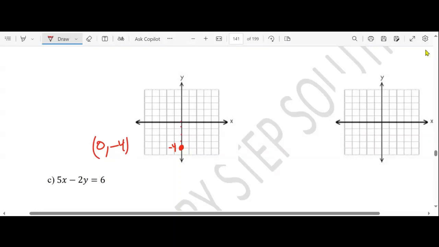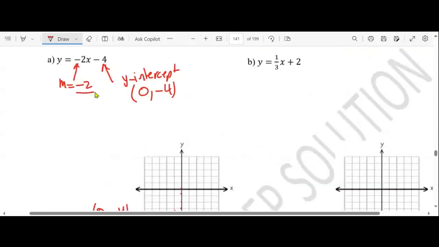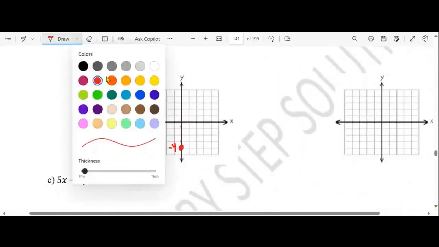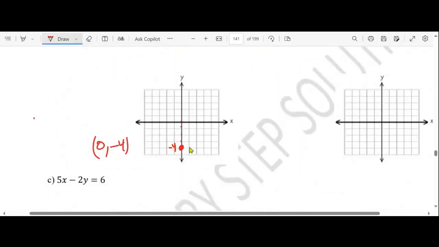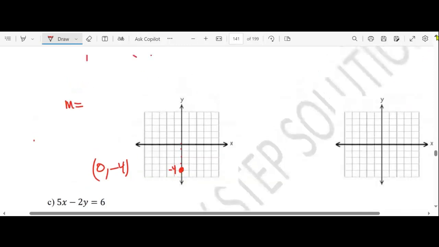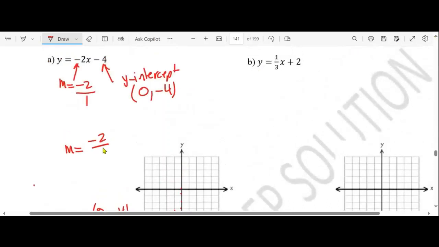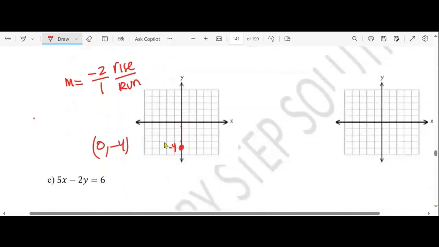And how much is the slope? Over what? Over 1. So if it's negative, where should I go, left or right? How much? Negative 2 over 1. So this is the rise and this is the run. Let's count with me. Rise up or down?